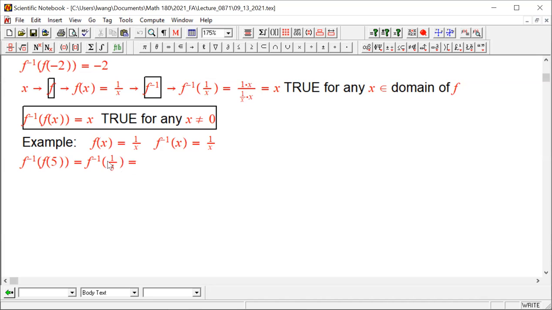And then f inverse of 1/5, you just put this 1/5 in here, and you're going to get 5. Do you follow me?